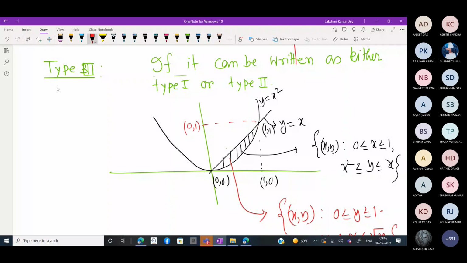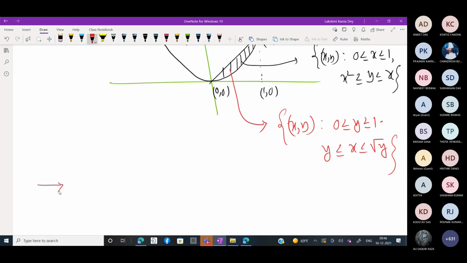So I think up to this today, and in the next class we would like to solve some exercises on how to deal with these sums. One exercise I like to make here: suppose this is your D, and evaluate the double integral over this D of x e to the power y dx dy.